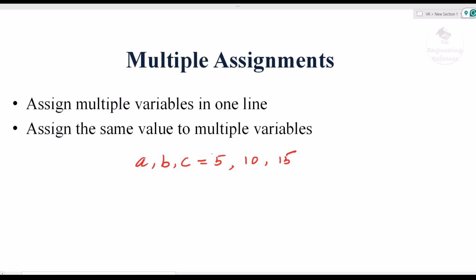It means it will automatically assign the value 5 to a, 10 to b and 15 to c. We can even assign multiple variables at once, x is equal to y is equal to z is equal to 10. It means all these variables have the value 10.